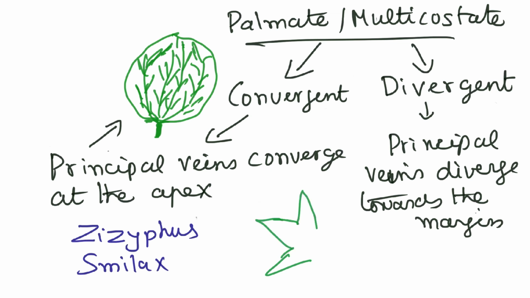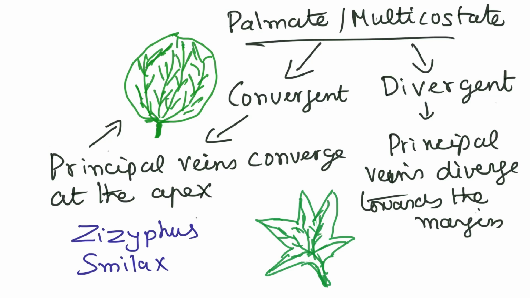So the example which was shown at the beginning of the palmate case, which is already existing in this particular video, that is the roundish shaped leaf, which you can see on the top. That is an example of a convergent, and two notable examples are Sisyphus and Smilax.